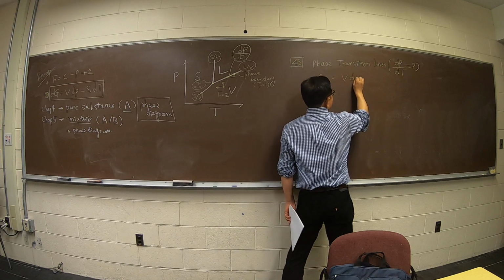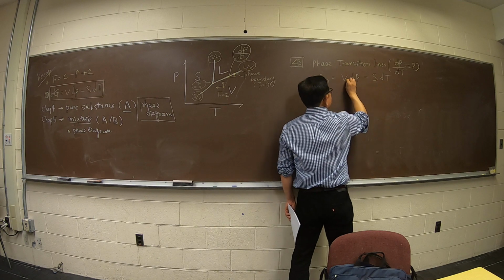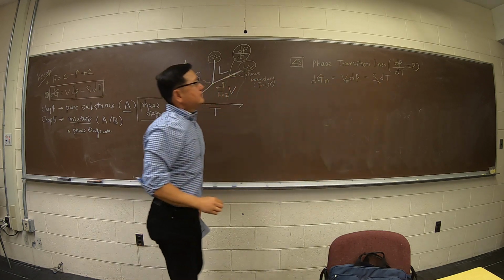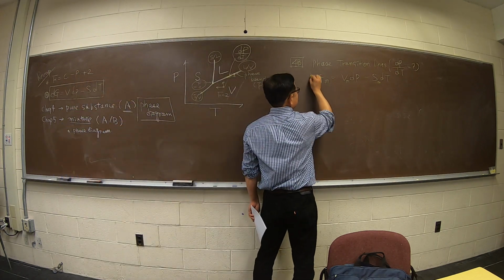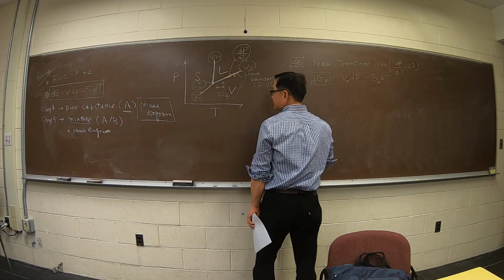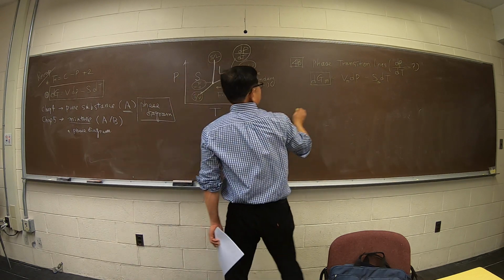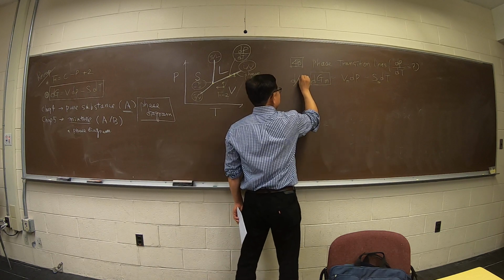So now V dP minus S dT, with molar quantities. The reason that I'm doing this is that the molar Gibbs free energy, which will be discussed in more detail in the mixture case, is essentially what we call the chemical potential.